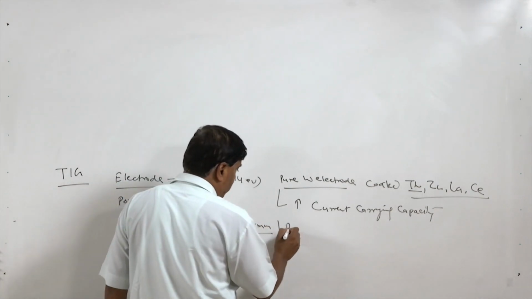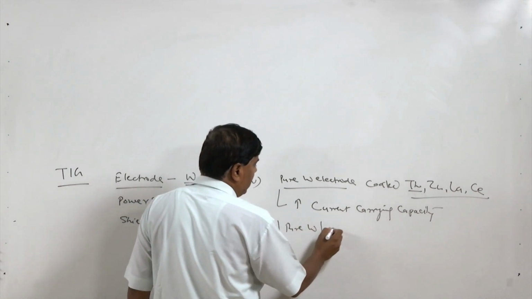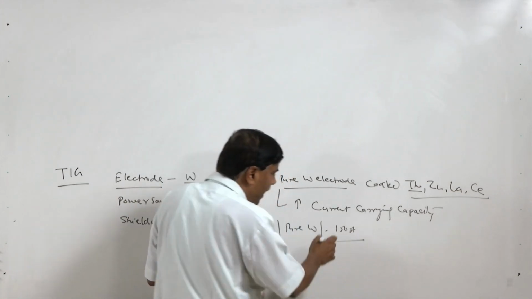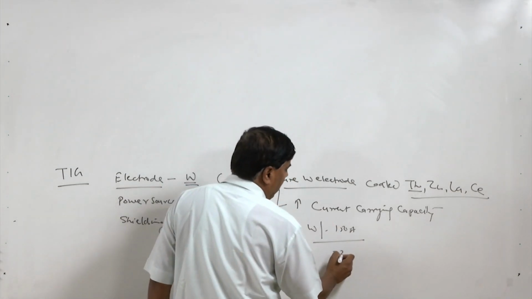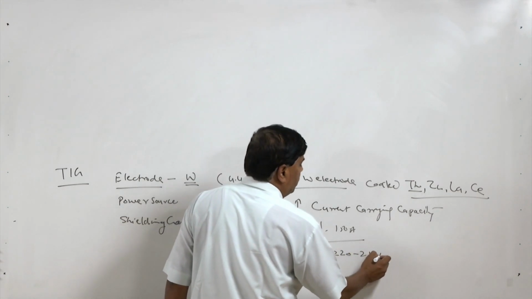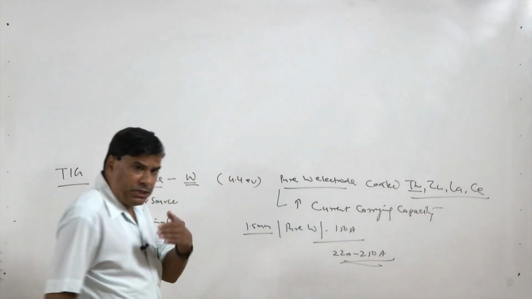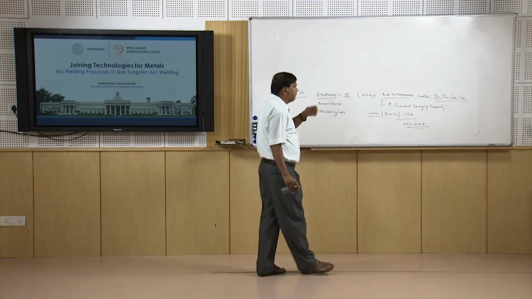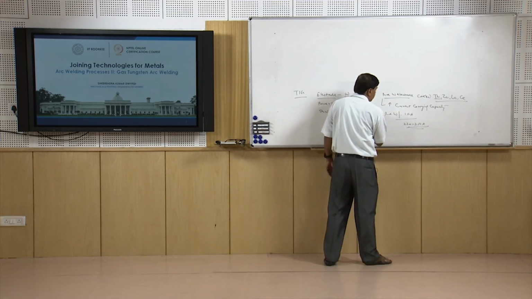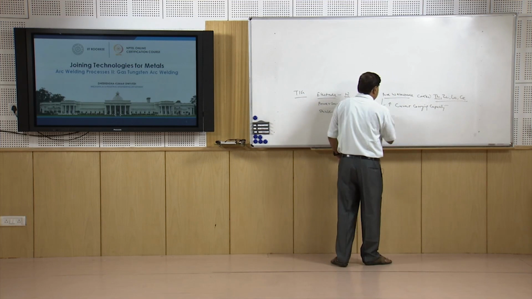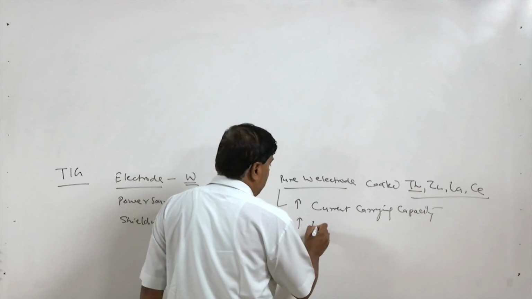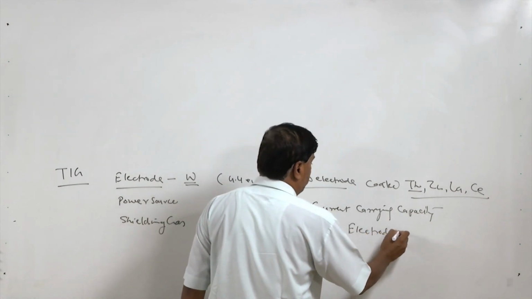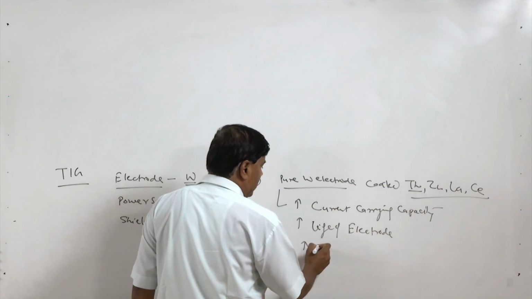Say in case of pure tungsten, if it can carry say 150 ampere, then after coating it may handle say 220 to 250 ampere. The ability to handle the current without compromising the life of the electrode improves when these are coated with low ionization potential elements, and in turn the life of the electrode improves.